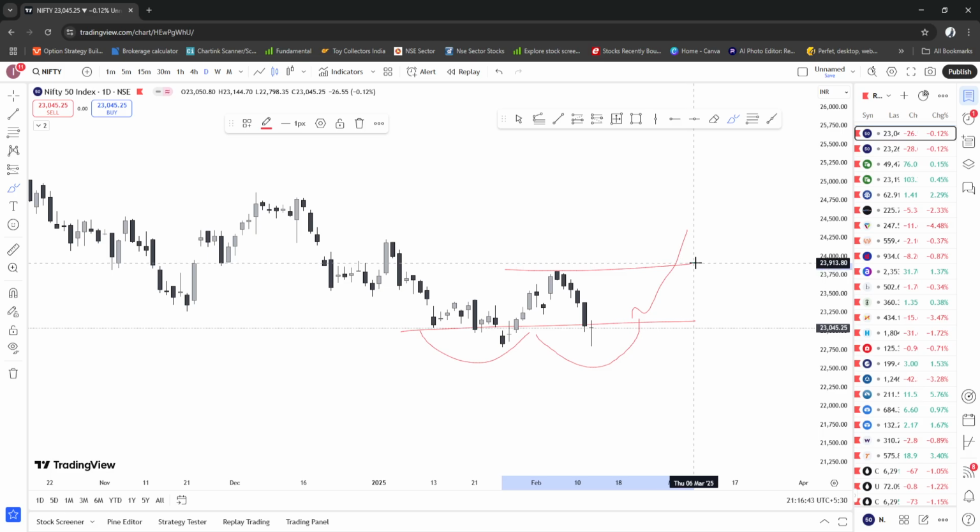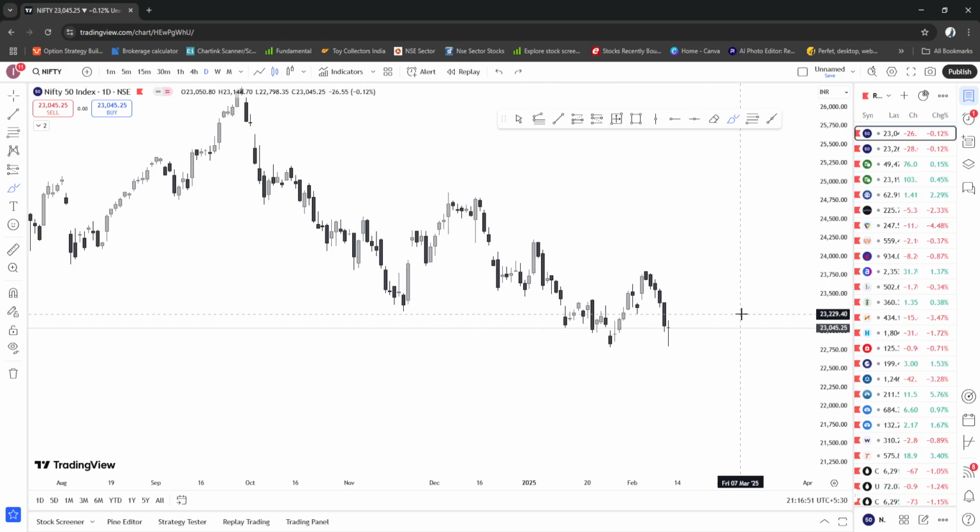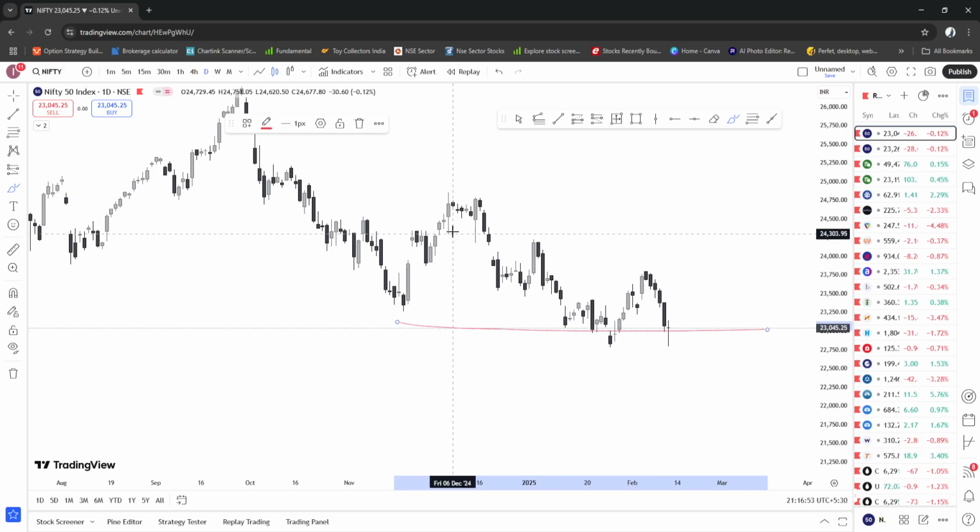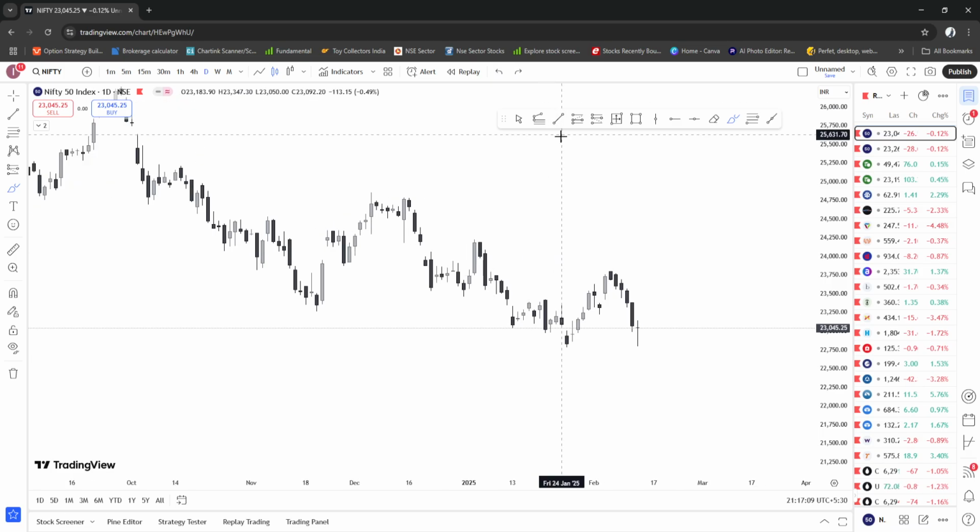But for me, only if it crosses 23,950 above, I'll be going for bullish or I'll be going for long. Till then, I don't want to do it. See, capturing bottom or capturing top is kind of tough in the market. It's not something everybody can do or achieve. Yeah, I think few people can easily identify it because they have their edge, but for me it's not like that.